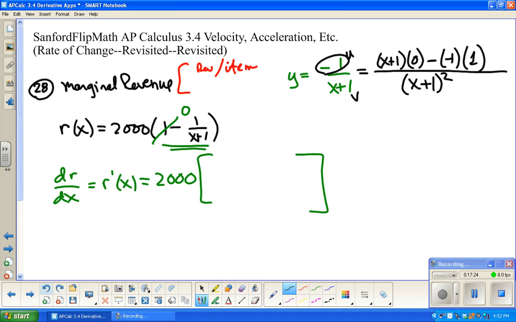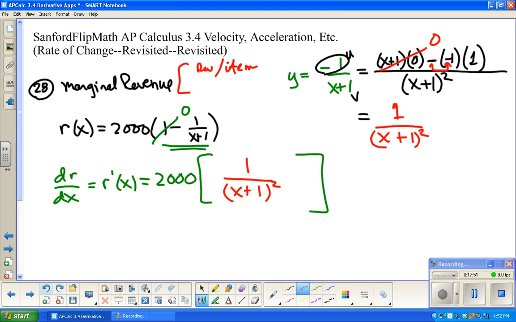This really isn't so bad. The whole first term of the numerator is nothing, and this becomes minus a -1, so plus 1. So the numerator is just 1, and the denominator is (x plus 1) squared. Well, that's it.